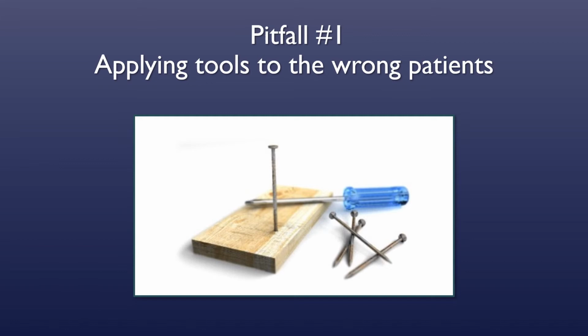What that means is that if your patient is high risk, like a patient who just underwent hip surgery 2 weeks ago, presenting with a unilateral swollen leg, hypoxia, and shortness of breath, then the PERC criteria probably shouldn't even be part of the conversation. So knowing who the tool was developed for and who it's appropriate to apply it to is the most common place where people go wrong.